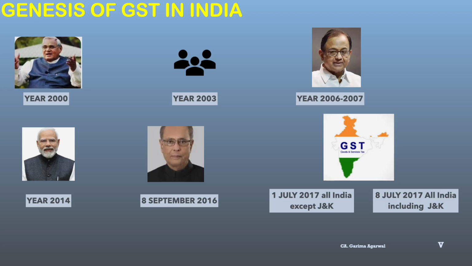Then moving on, the Union Finance Minister, Shri P. Chidambaram, while presenting the Union budget in the years 2006 and 2007, announced that GST would be introduced from 1st April 2010. But since then, GST missed several deadlines and continued to be shrouded by the clouds of uncertainty. Why was that? There was a big hurdle, the Constitution Amendment Bill.